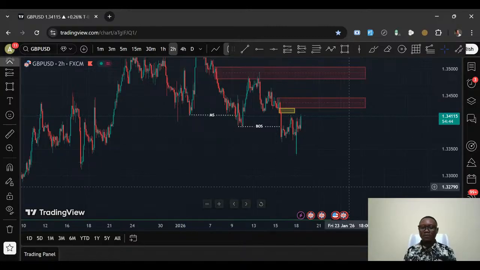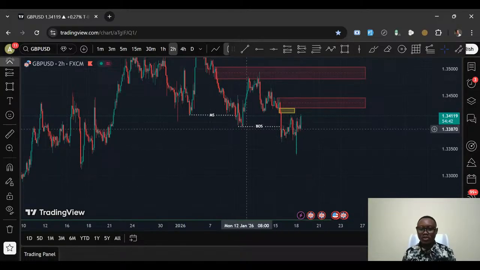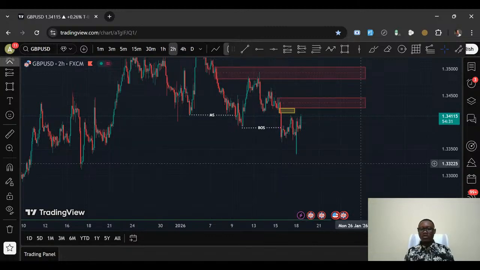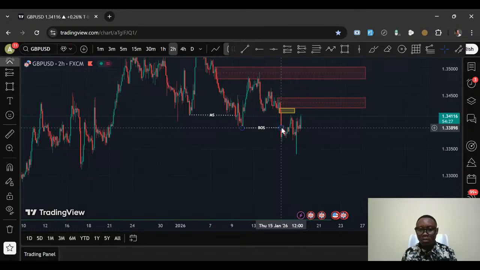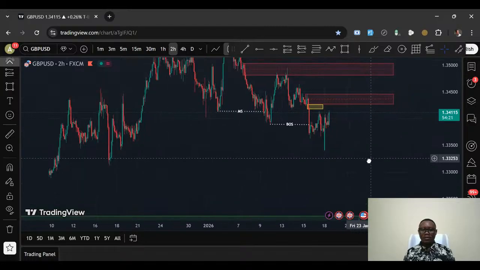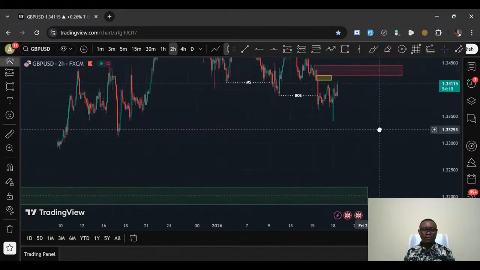All right, so that's our market shift. This is our break of structure. Okay, let's drill down further.